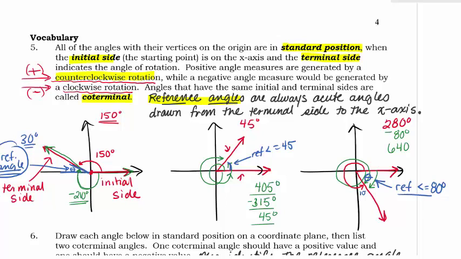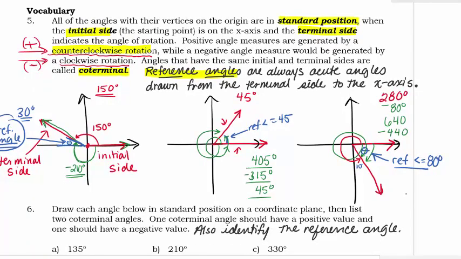If we subtract 360 again, we get another negative coterminal angle, which is negative 440. So in essence, you can get several coterminal angles just by adding or subtracting 360 degrees. So this is a nice thing to remember when you're looking at coterminal angles.